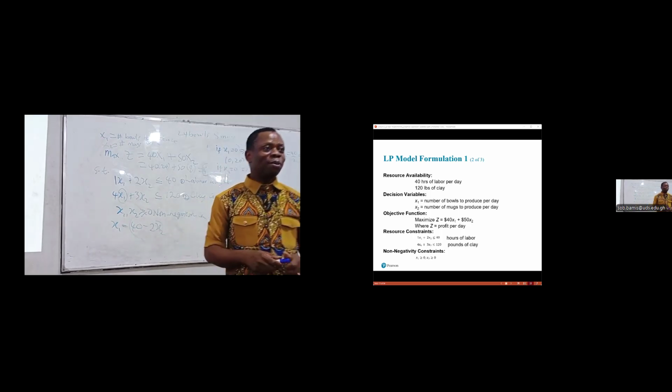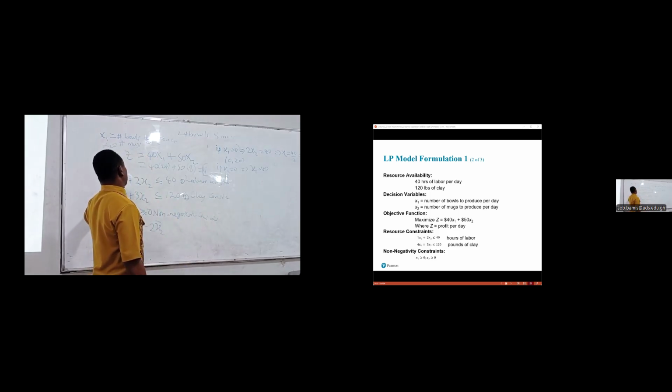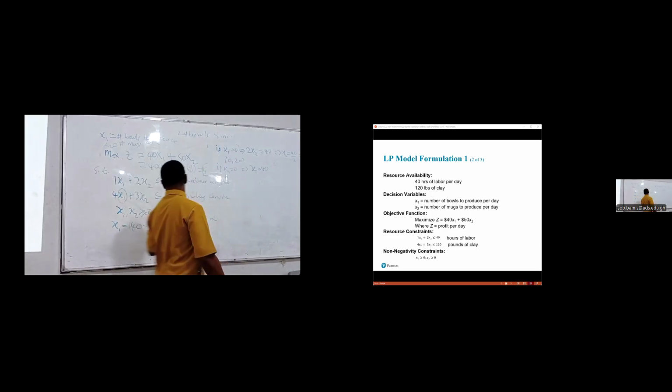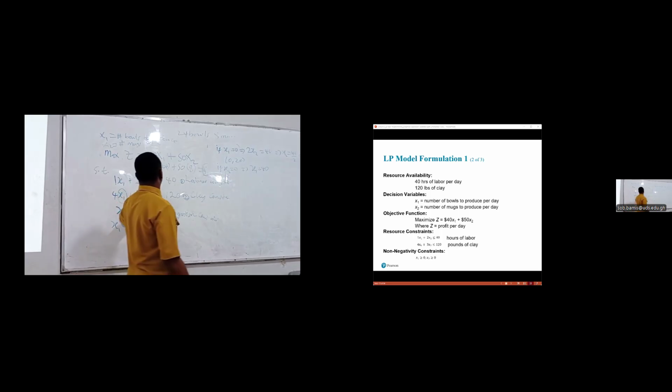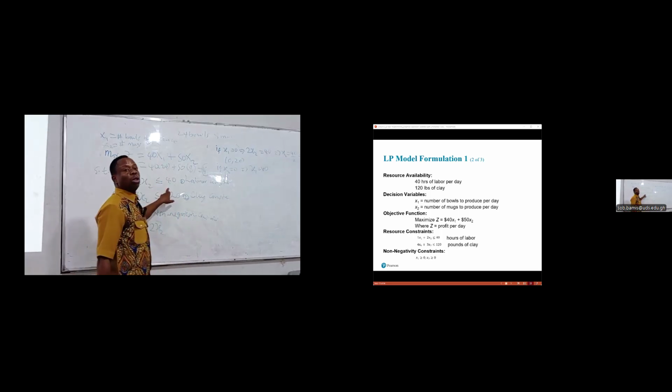You see, when we get the coordinates, first set one of the decision variables to be equal to 0. If x1 is equal to 0, anywhere you see x1 here, put 0 there. So we now have 2x2 is equal to 40. You make x2 the subject, which will give you 40 divided by 2, which is 20.